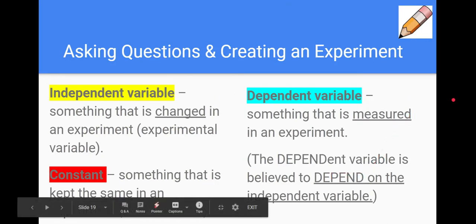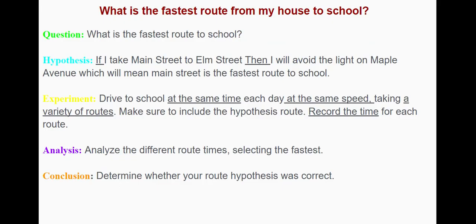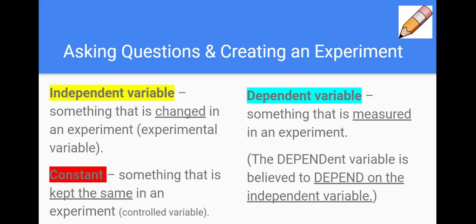So this is some vocab for you here. Independent, dependent, and constant variables. So independent variables. This is something that is changed in an experiment. So for example, in the last slide, we could change the routes that we take.